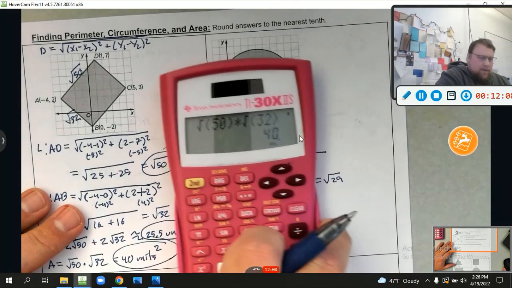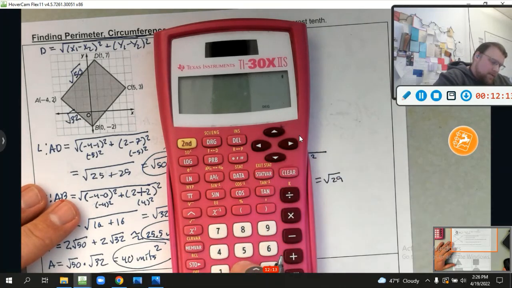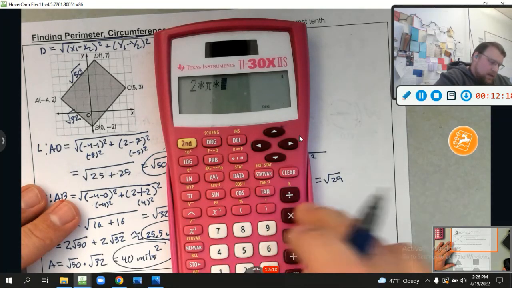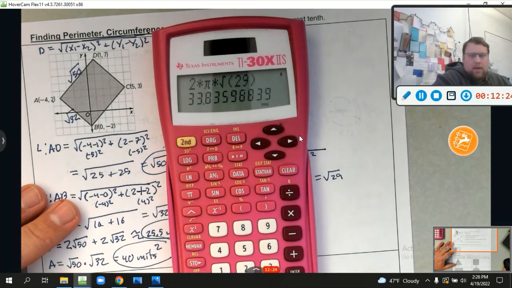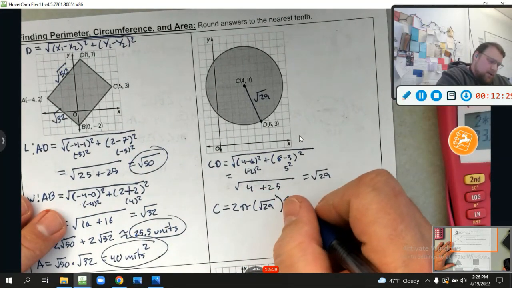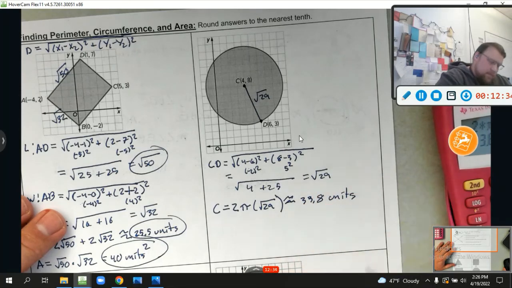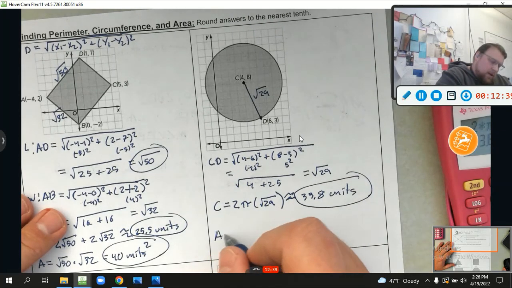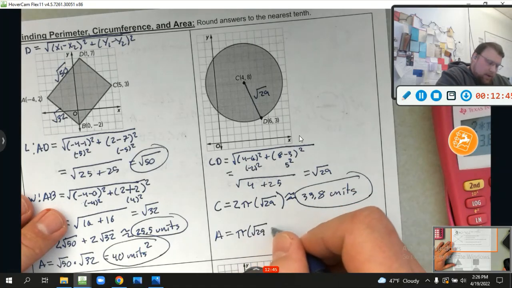Let's put that in. If you have a calculator like mine, it has pi on it. If yours doesn't, use 3.14. So I'm going to have 2 times, I have an actual pi button, pi times square root of 29. That's approximately 33.8 units. And then let's find my area, which is pi times the square root of 29 squared.